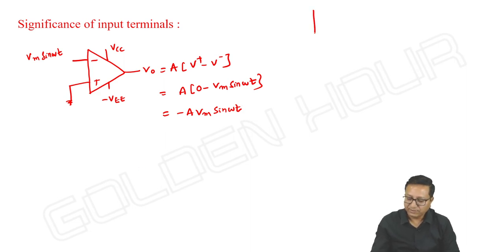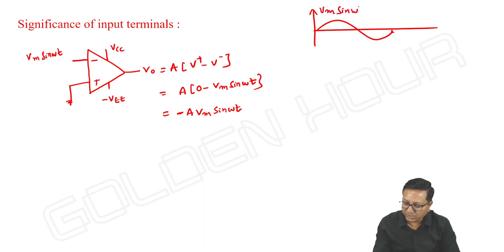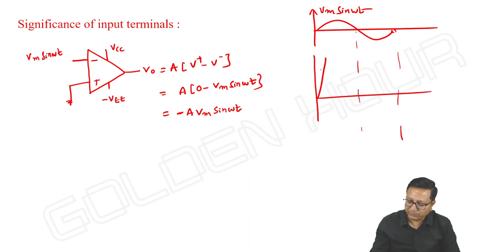Then if you draw the waveform, what is the meaning of the negative sign? The output is 180 degrees out of phase with the input. If the input is positive, the corresponding output is negative, and if the input is negative, the corresponding output is positive.